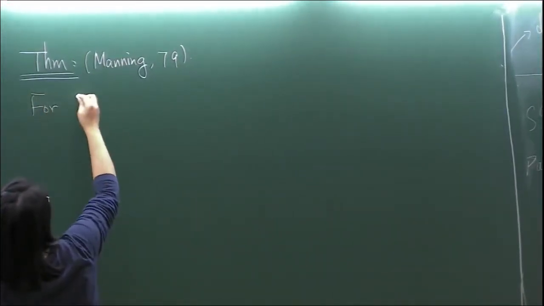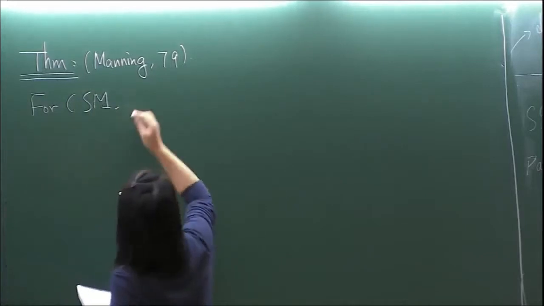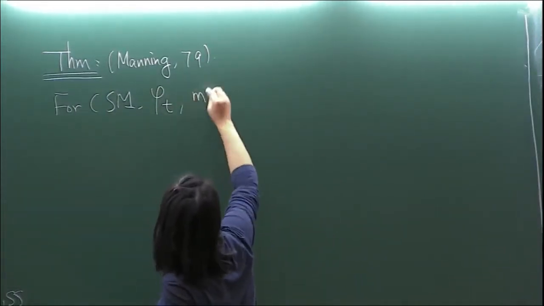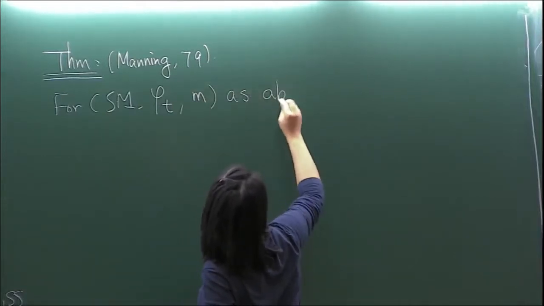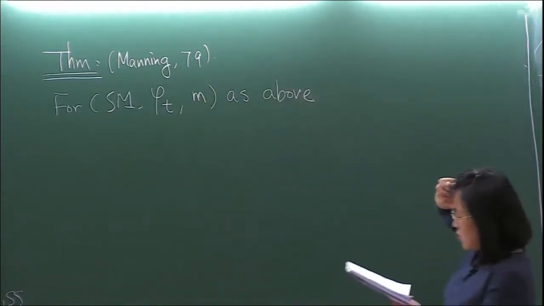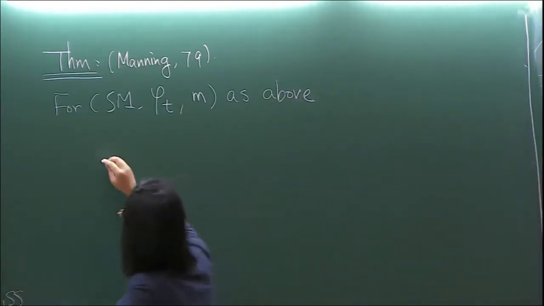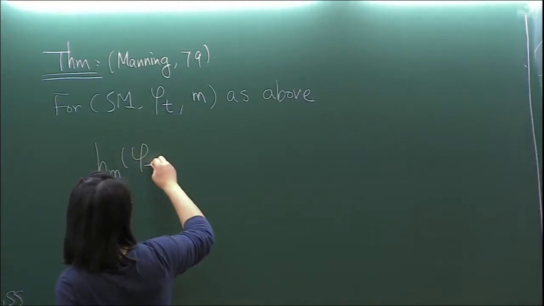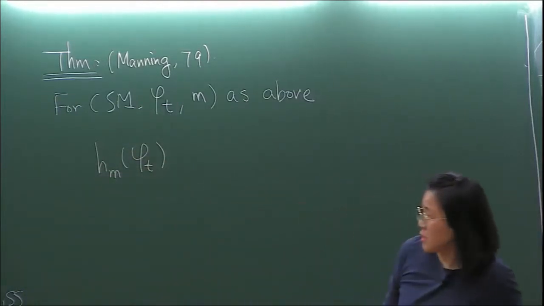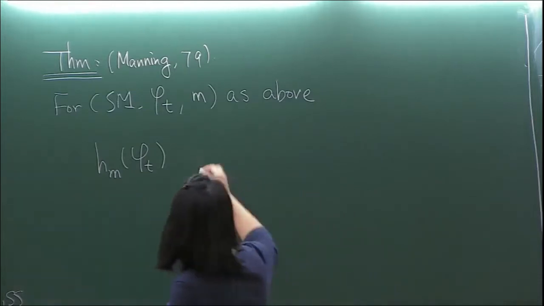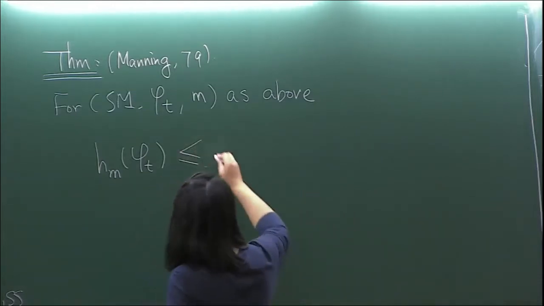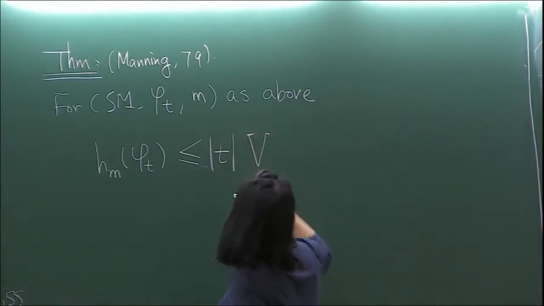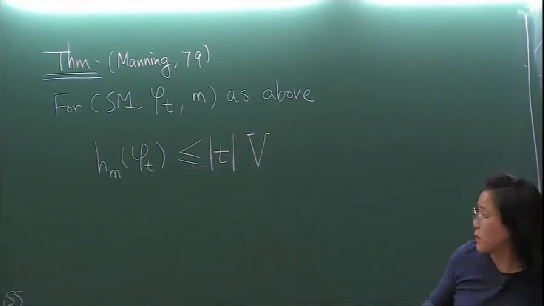For SM, this is our phi t, and M as above. For any phi t-invariant probability measure, you consider its measure theoretical entropy. It's also less than or equal to T times V, where V is the volume entropy.